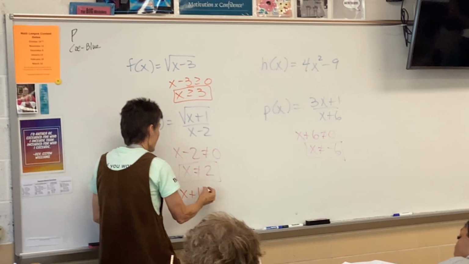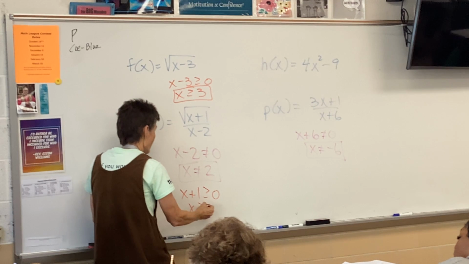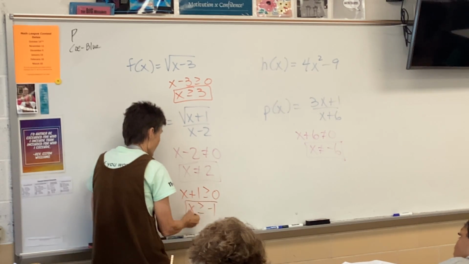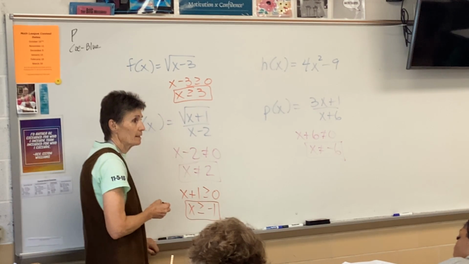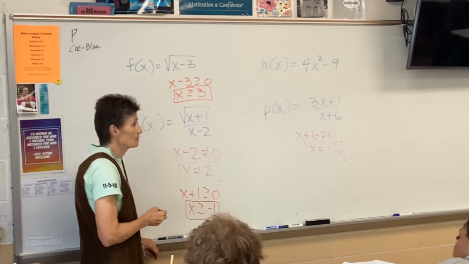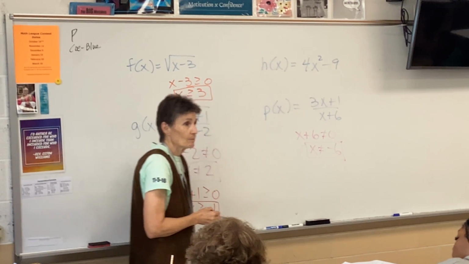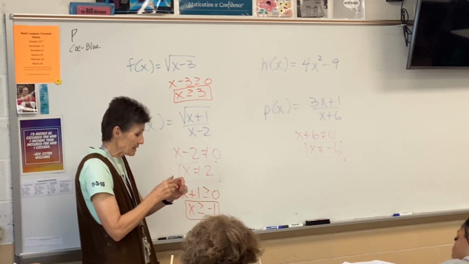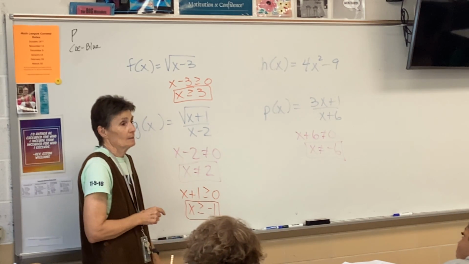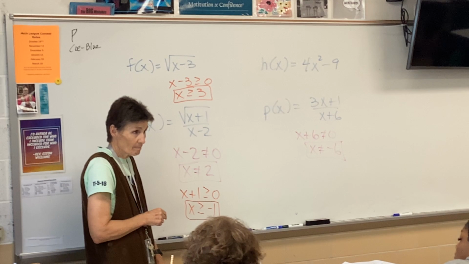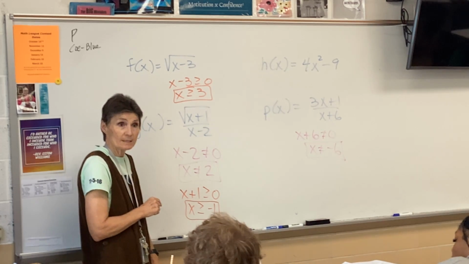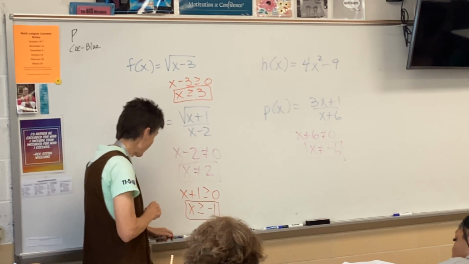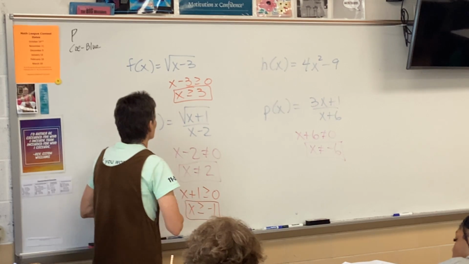X plus 1 is bigger than or equal to 0. X has to be bigger than or equal to negative 1. That's it, right? Now, have I taken care of every radical and every denominator? Yeah. So now I'm ready to write my final answer.